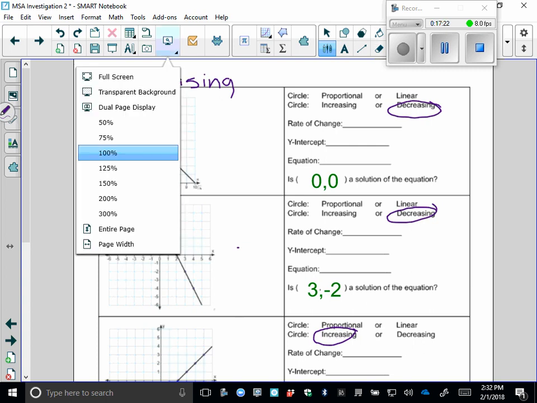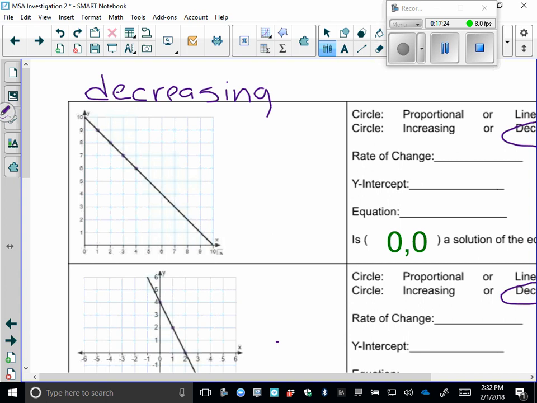So if you look at this page a little closer, like I'm going from here down and to the right. So my rate of change here, yeah, it's like down 1 over 1. So we'd say it's a -1 rate of change. Do you get that?